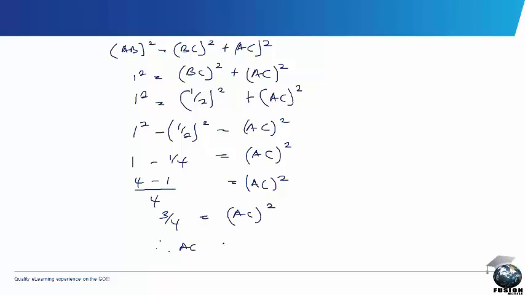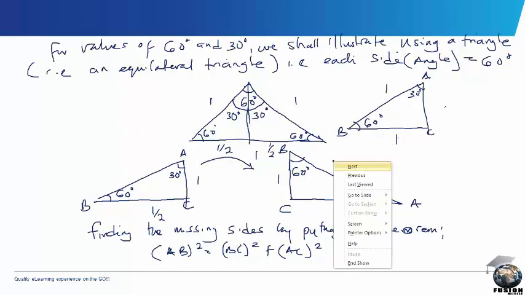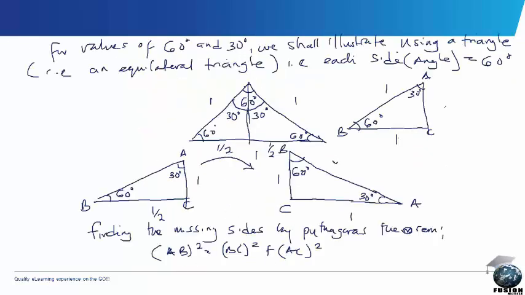Therefore AC is equal to the square root of 3/4, which is root 3 over 2. Therefore the side AC is equal to root 3 over 2. So we can go back and replace this side as root 3/2, and this side as root 3/2.